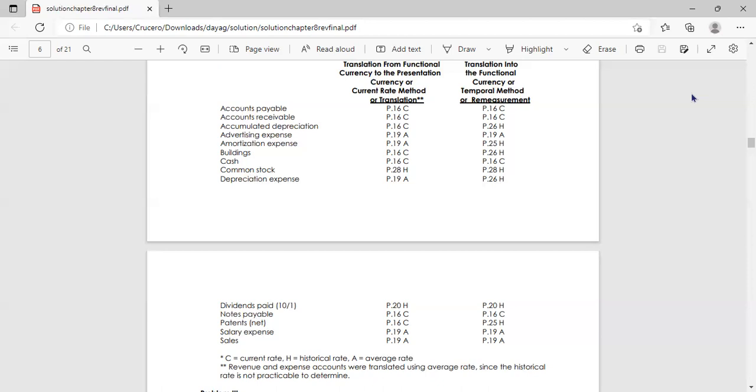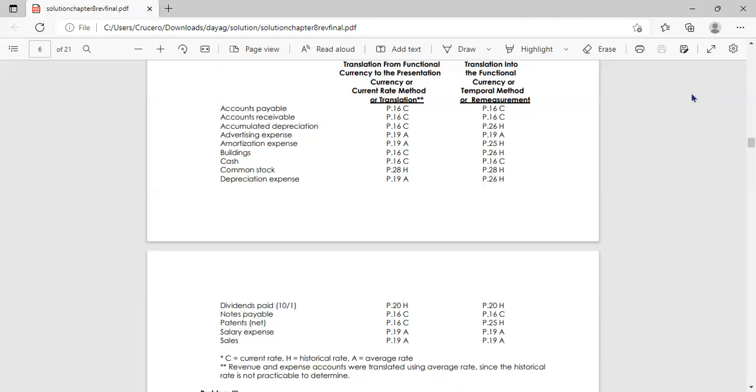For depreciation, we use the expense assumed to be incurred evenly throughout the year. So for method 1, we use the average rate. That's why we use for depreciation expense under method 1, 0.19, the average. And under method number 2, we use the historical rate.